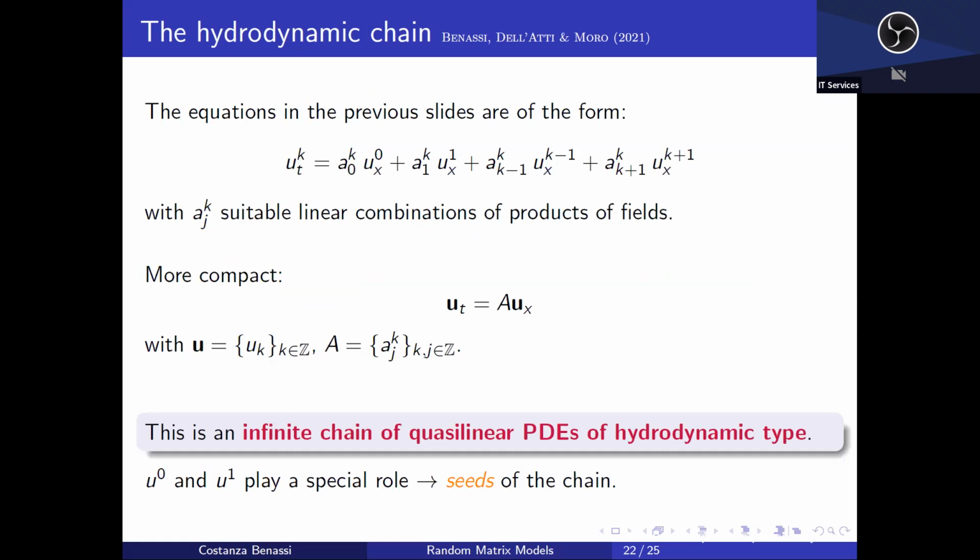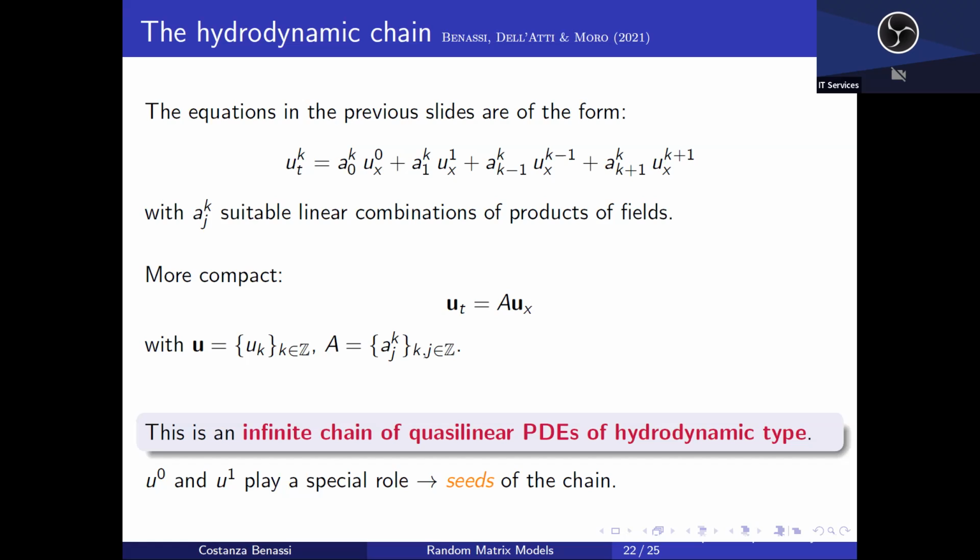If you take a closer look, the equation in the previous slide has a very compact form, in the sense that the evolution in time of each field depends on the evolution in space of just a handful of fields. Basically, U_0, U_1, and then the previous one, K minus 1, and the following one, K plus 1. So it's actually way more compact than it looks from the expression that I showed you before.